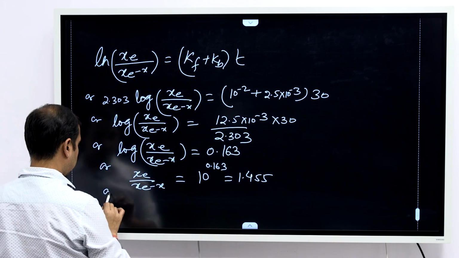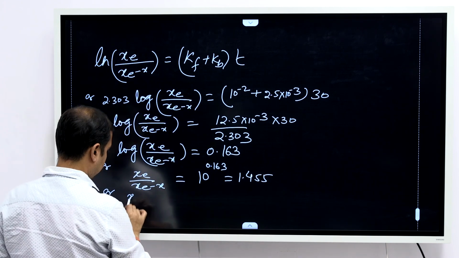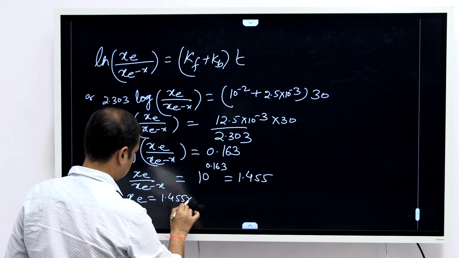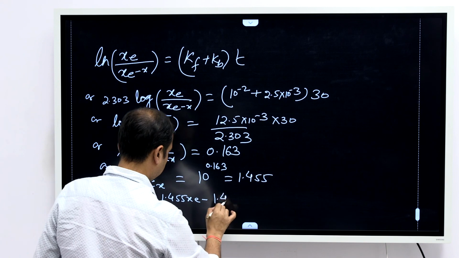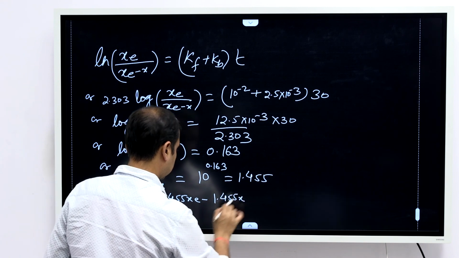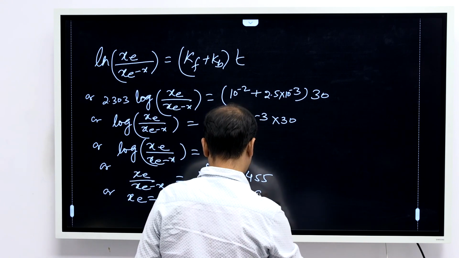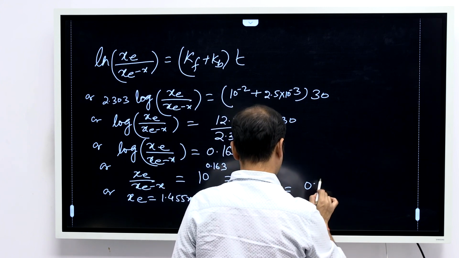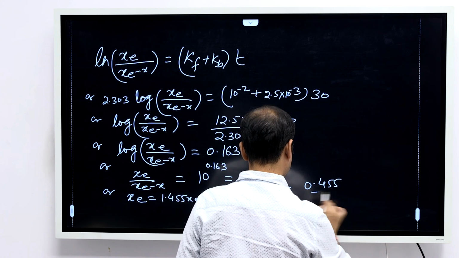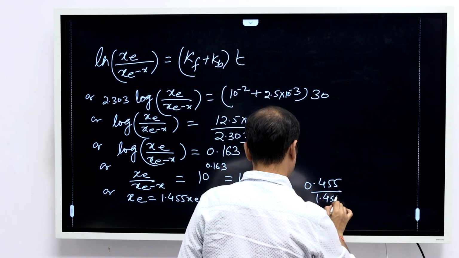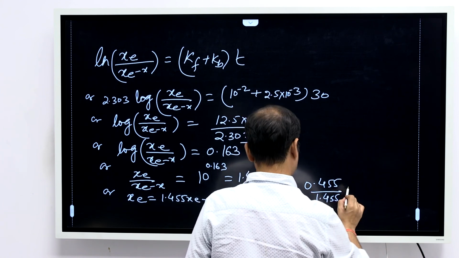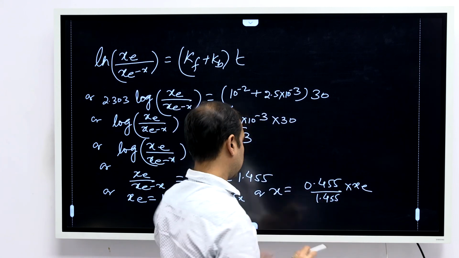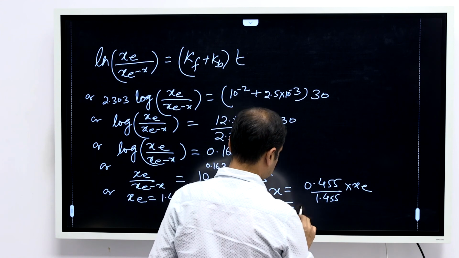Now when we simplify, we get Xe is equal to 1.455 Xe minus 1.455 X, or X is equal to 0.455 divided by 1.455 into Xe. Now we put the value of Xe and we get the value of X.